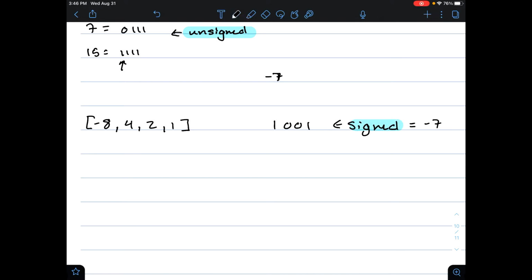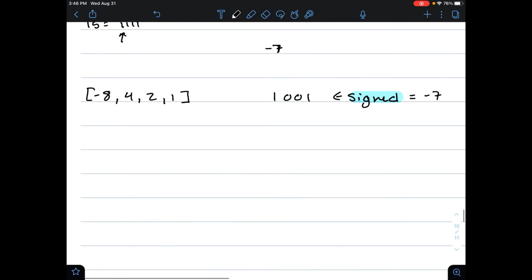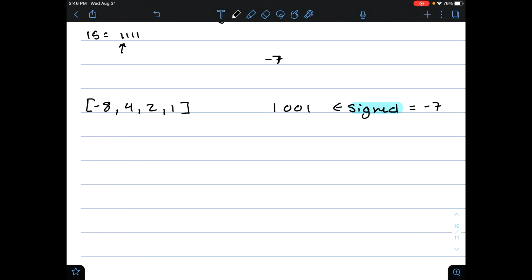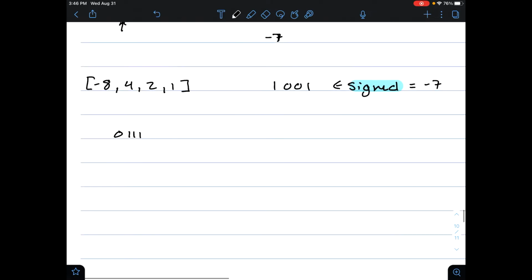I do have a trick for this. If you know the number unsigned, let's say 7 again, so that was 0, 1, 1, 1, and you want to make it signed, or alternatively the binary you're doing is already signed but you want to make the number negative, then you can do this simple thing.